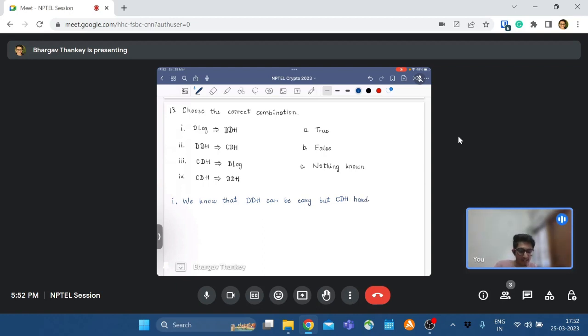For one, we know that there exist groups for which DDH does not hold, but CDH holds, and since CDH holds, D log holds. So one is not true.